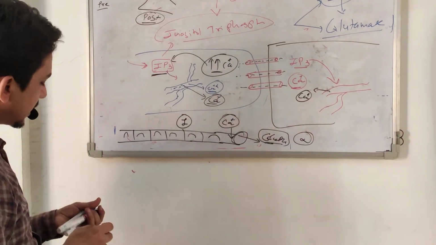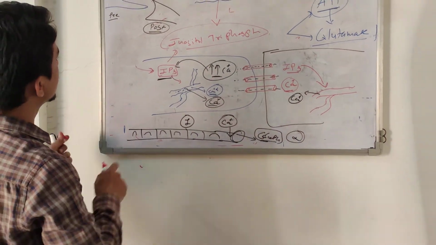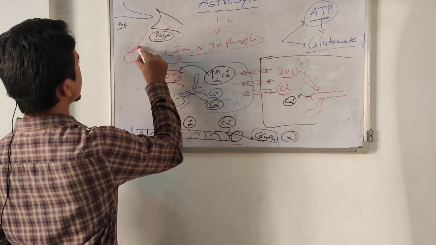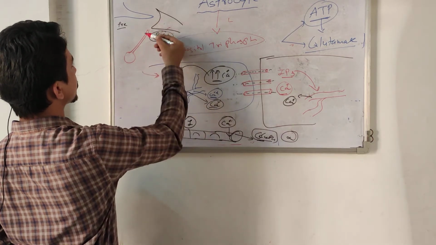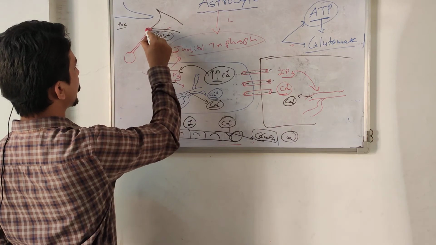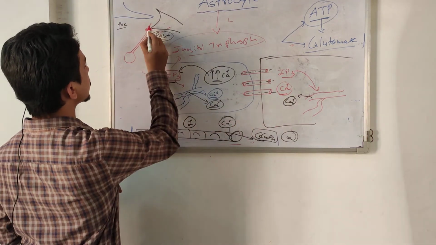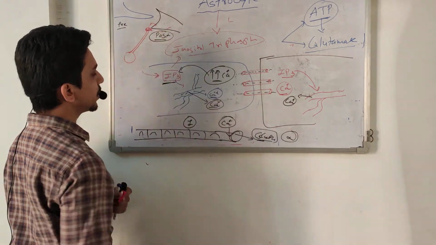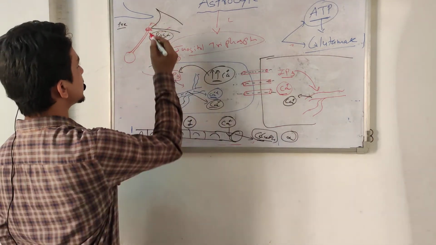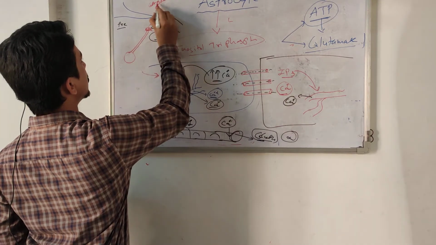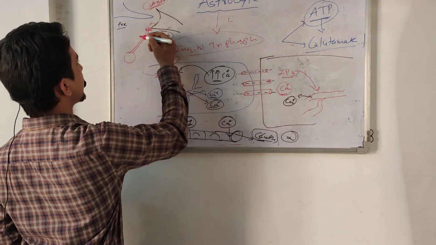So what do astrocytes actually do? They make a wrapping around this synapse, especially around the postsynaptic neuron. Whenever this glutamate is secreted here, it stimulates the postsynaptic neuron, or they also secrete more gliotransmitter like GABA. By this way they produce some actions.